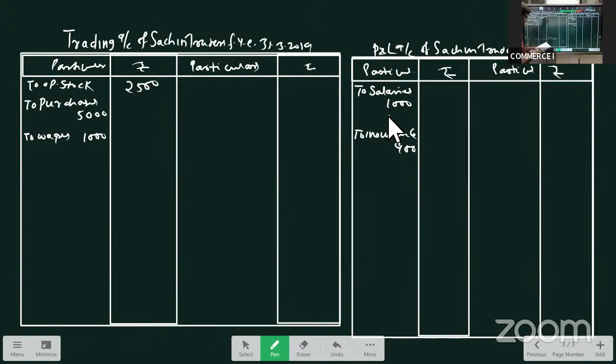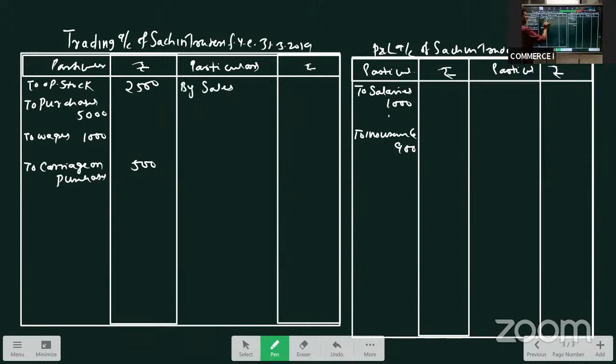Next, we have carriage on purchase. Carriage on purchase is a trading item. Carriage on sale is a P&L item. So carriage on purchases, 500 rupees. Furniture is an asset. Sales return will be deducted from sales.